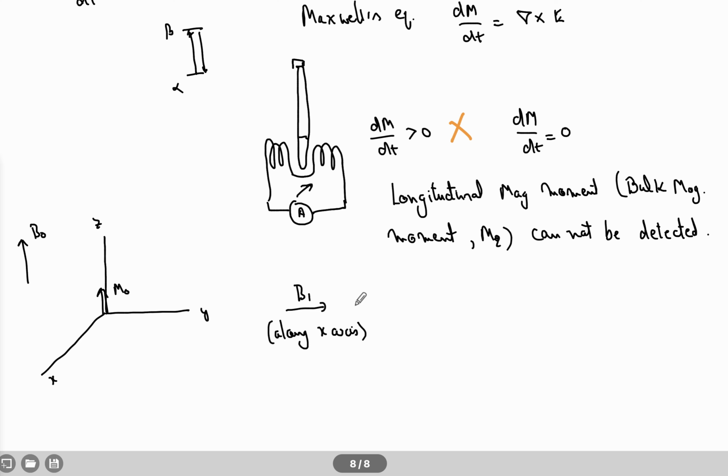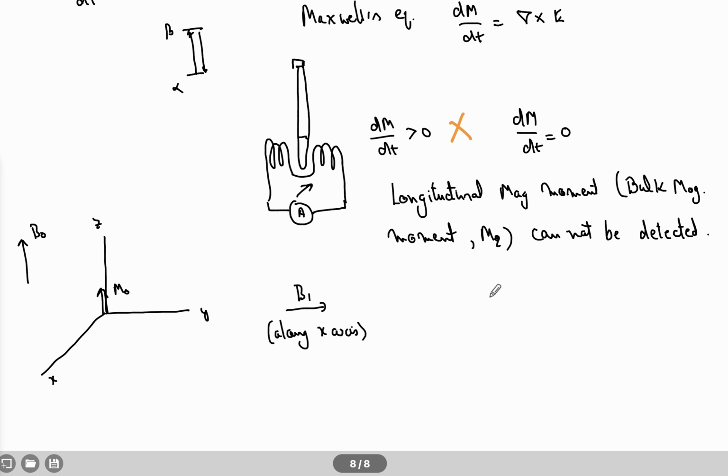So what you're doing is applying a radio frequency pulse along the x-axis, and we'll figure out the mechanism later in this course, but let us first look at the consequence: what happens if you apply B1 along the x-axis.